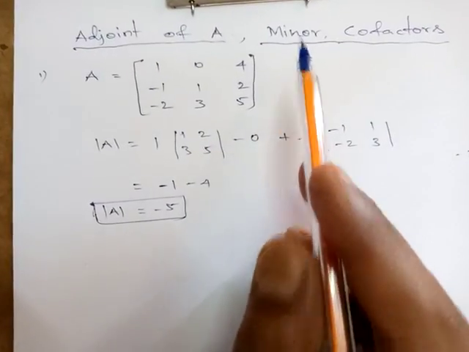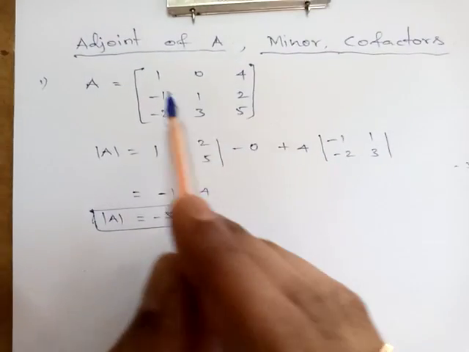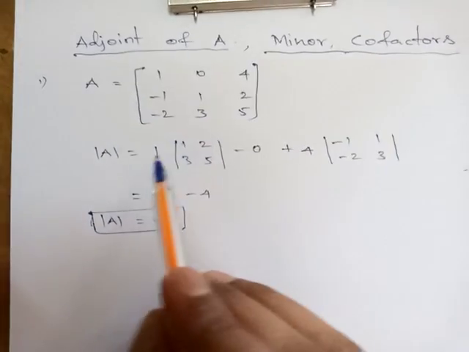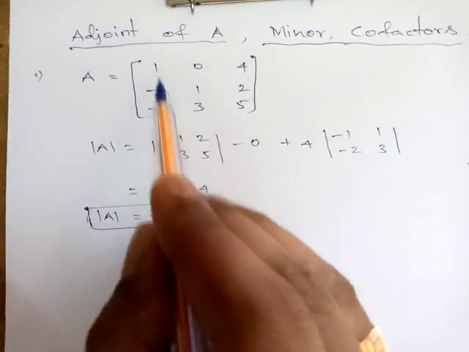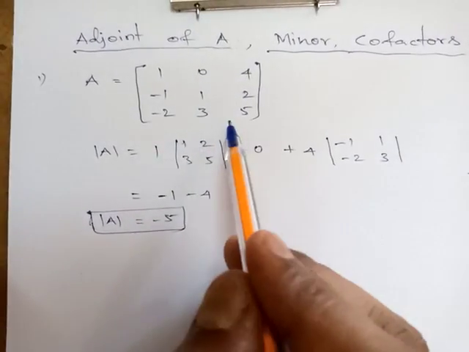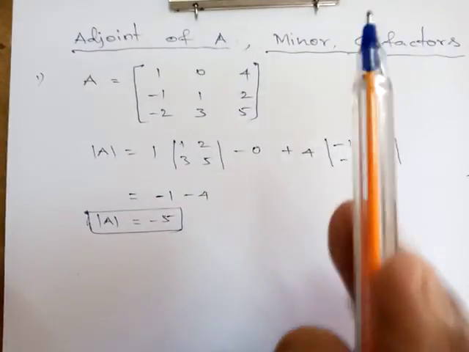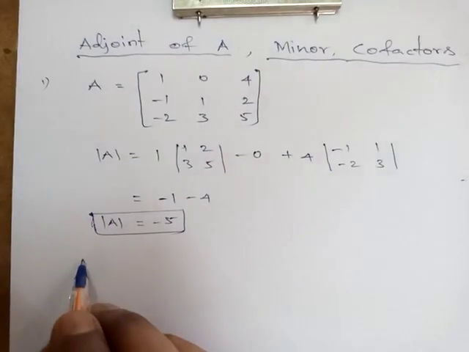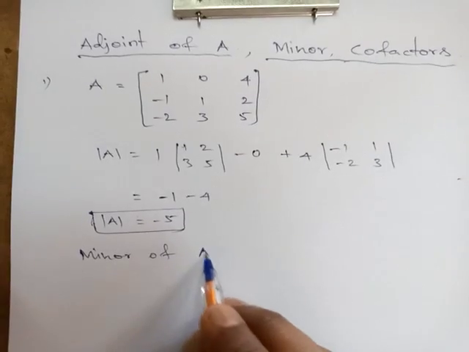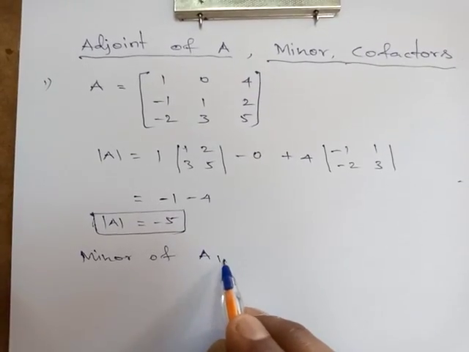What is meant by minor? For each and every element, we leave this row and this column, right? So the 2 by 2 determinant we get is called a minor. For example, minor of A11.